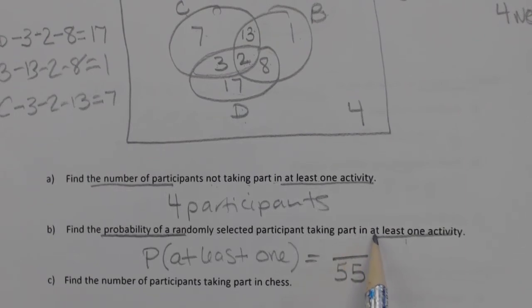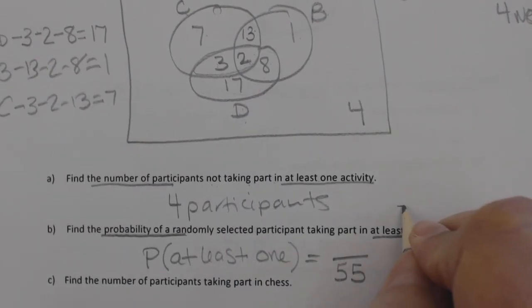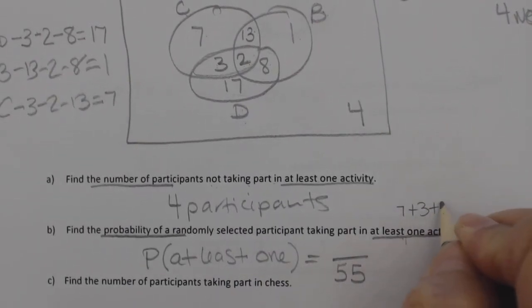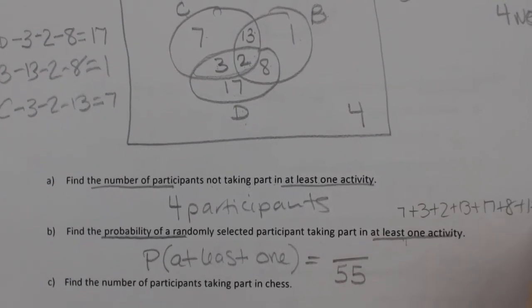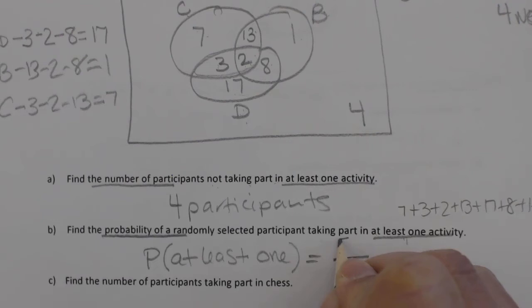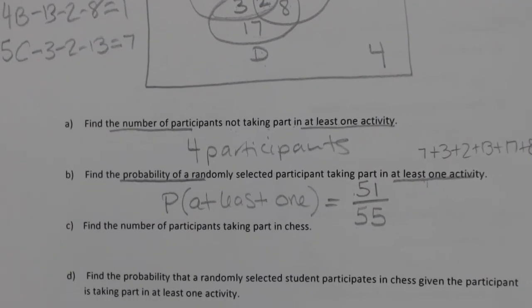That's not the 4. This means we have to add up all of these numbers inside. And when we add up all of these numbers inside, 7 plus 3 plus 2 plus 13 plus 17 plus 8 plus 1, we get 51. So 51 are taking part in at least one out of 55 gives us our probability.